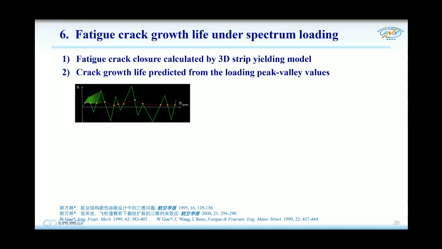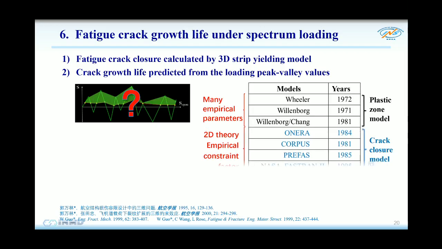And also very, very crucial one is in our real structure subjected to this random cycle. So it changes the effective rate for crack growth each cycle. And from the 1930s, we have an empirical formula like a Wheeler model and this kind of thing.